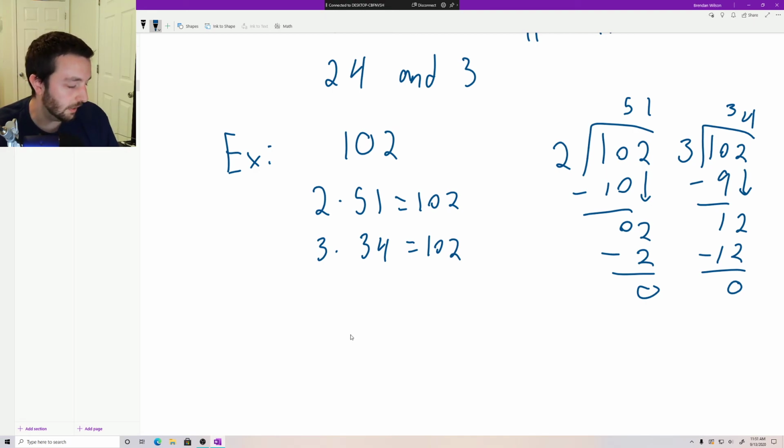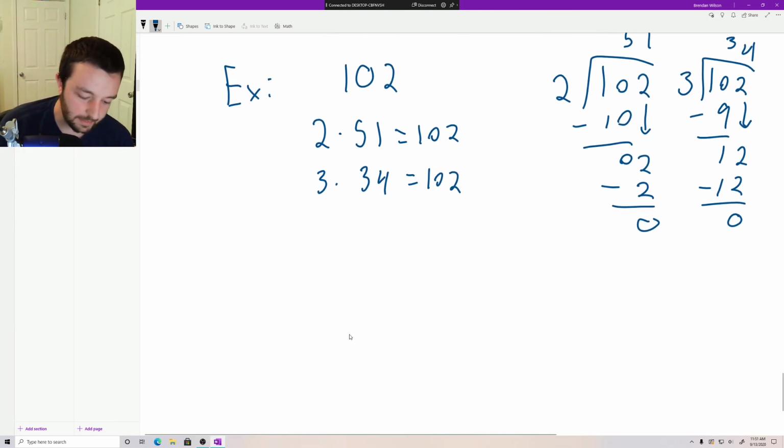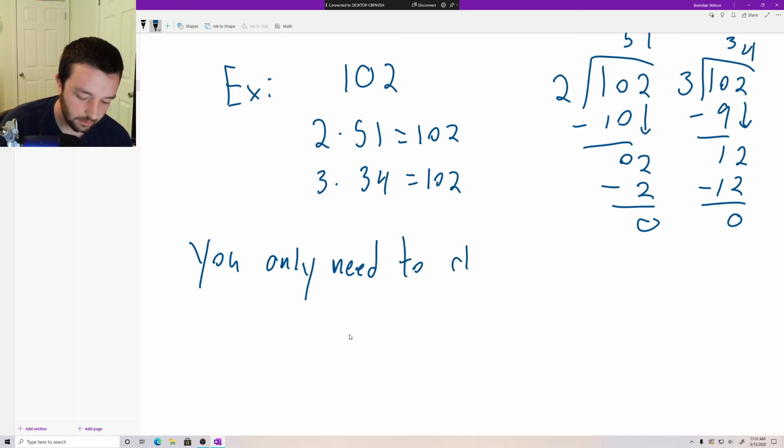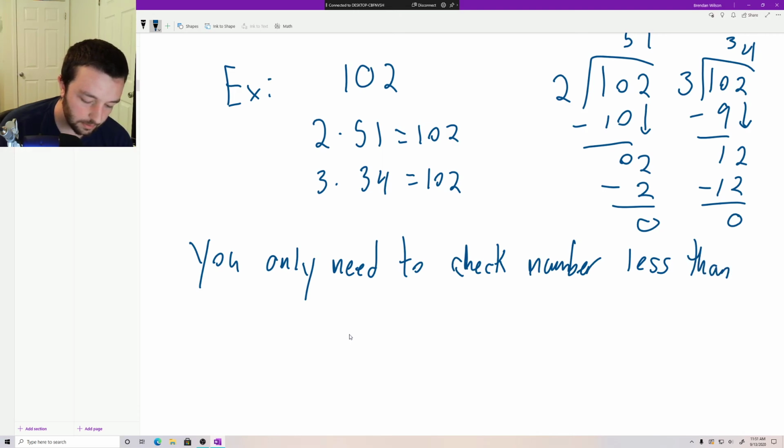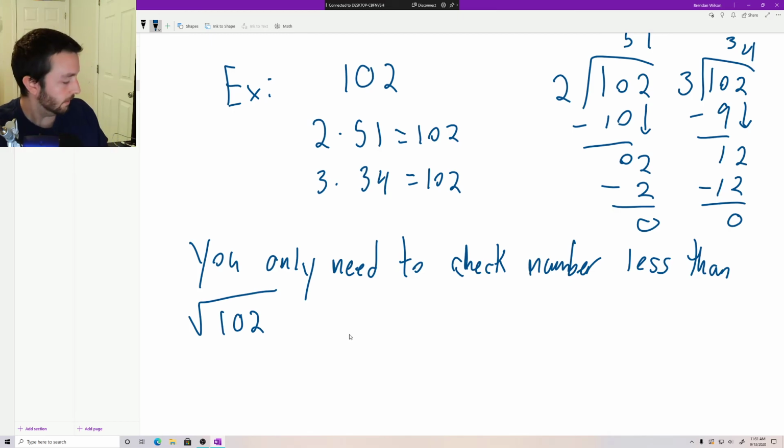One thing the book, I don't think, tells you is that you only need to check numbers less than the square root of 102. So the square root is the opposite of squaring something.